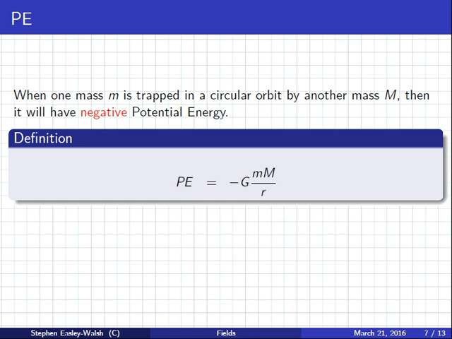Is this mgh? Well, it looks quite different. In mgh, the h is on the top. Here, it's in the denominator. It couldn't possibly be the same. Or could it? Write this down and we'll have a look at something we can do here with this formula. But mgh has only one mass. So, let's investigate further.